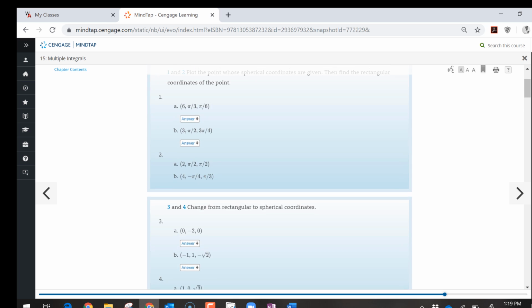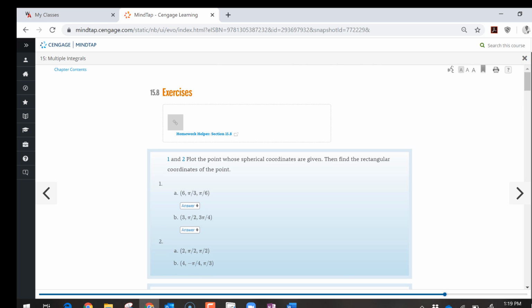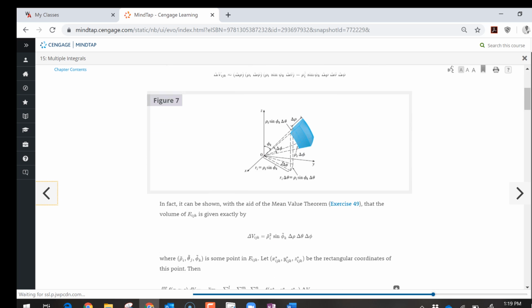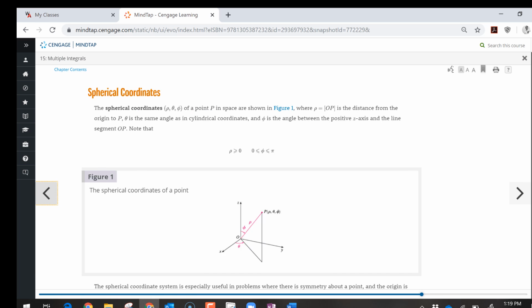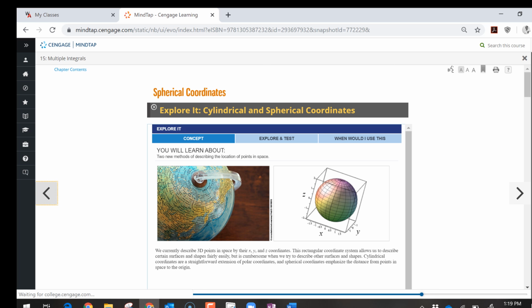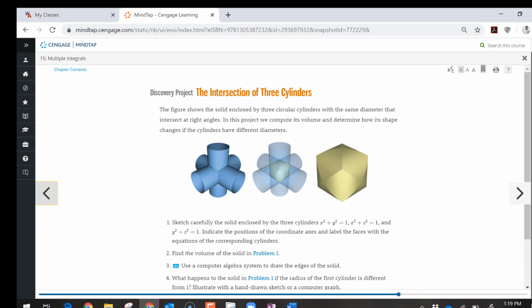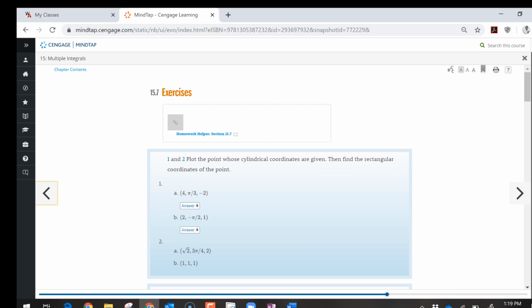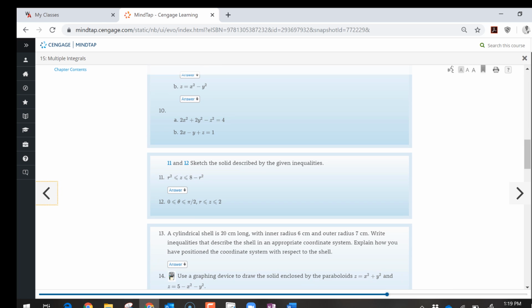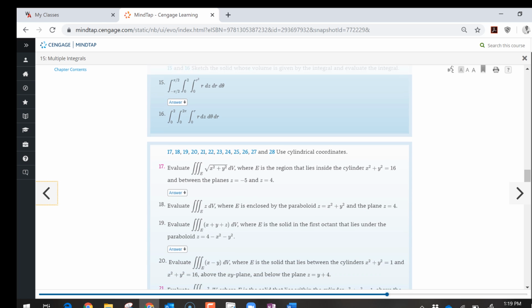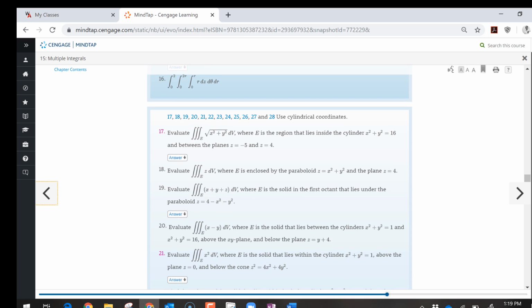Wait, this is spherical. Maybe it's 15. Uh-oh, we might have gotten our sections wrong. What? Let's try number 17, maybe.